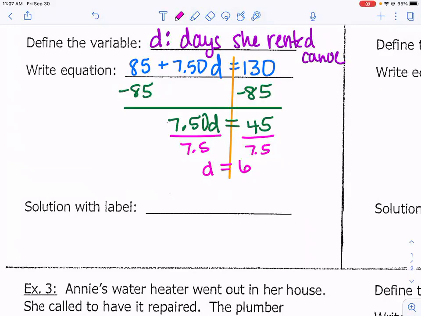So let's think about this. Probably a good thing we didn't get a decimal. If you got a decimal that represented the number of days she rented a canoe, that might be a little iffy. Okay. Bennett, in your calculator, could you take 85 plus 7.5 times 6?